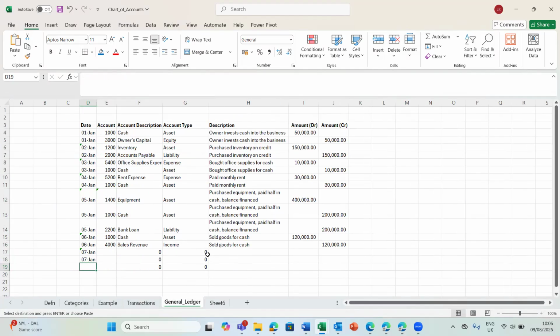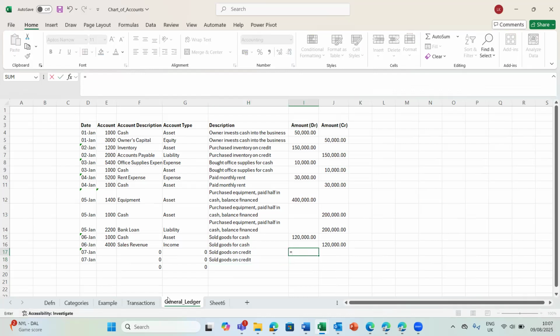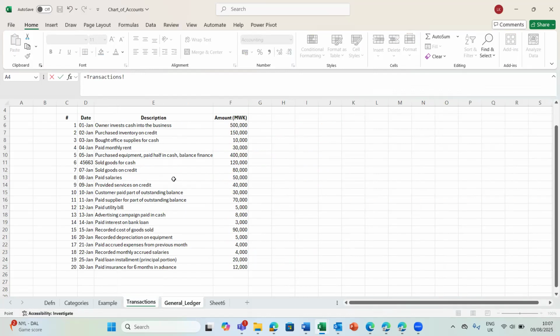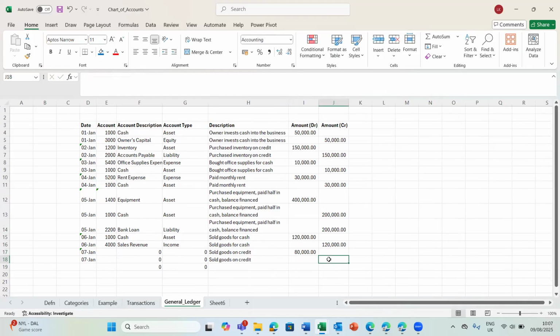So if we sold goods on credit, what do we debit? What do we credit? Obviously, we sold goods on credit. We debit one account, and also we credit another account. Right. So if you sell on credit, it means you are creating what?